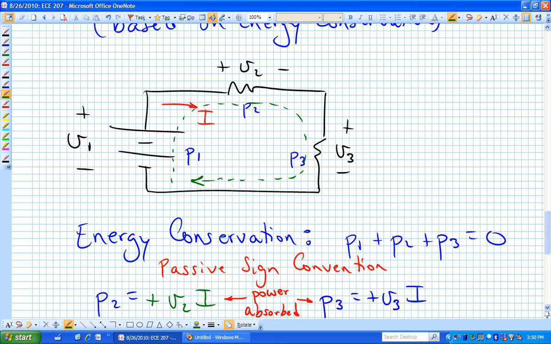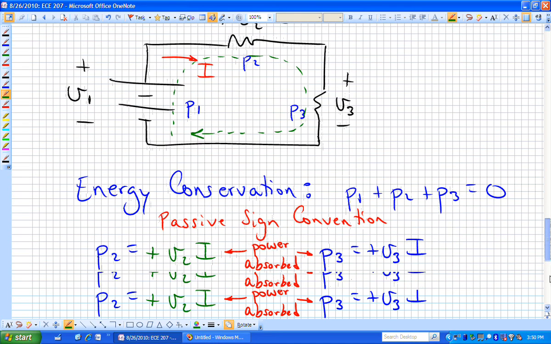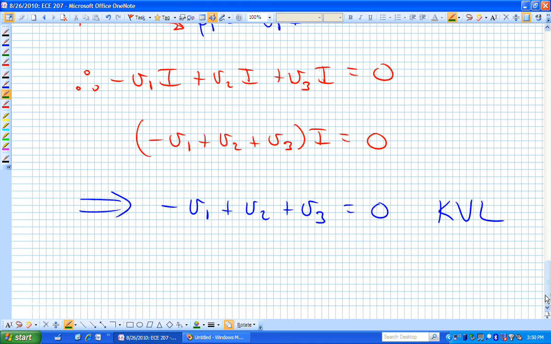Now KVL, we could simply say, oh, we have minus V1 plus V2 plus V3, and now we're back to where we started, so those all have to sum to 0. And we will then write down essentially this relationship and not go through that derivation of powers again. We'll just say, oh, by KVL minus V1 plus V2 plus V3 equals 0.